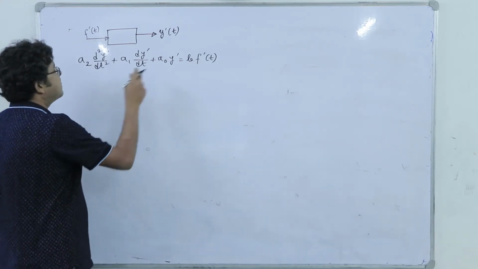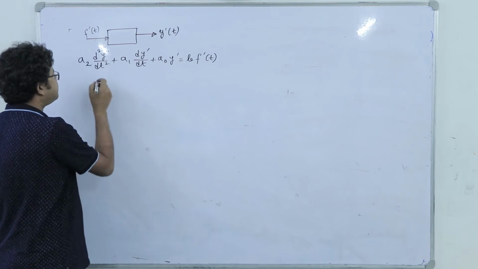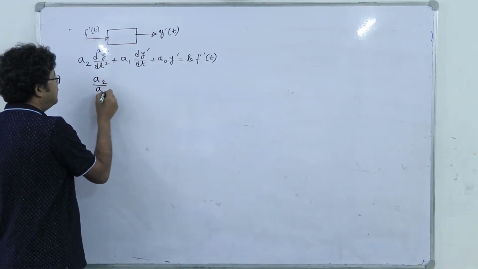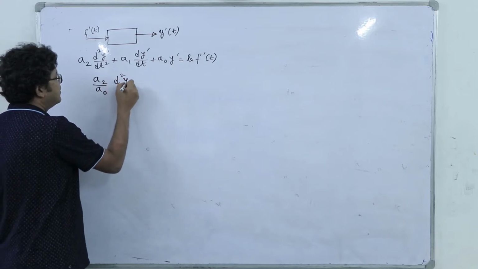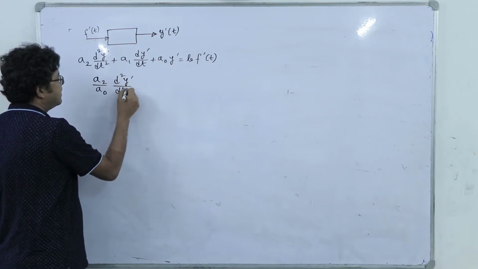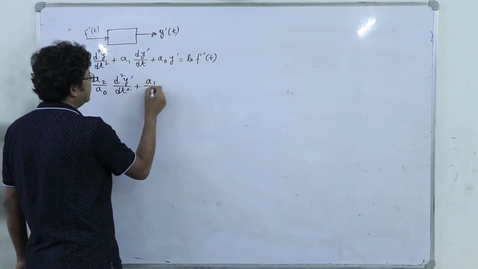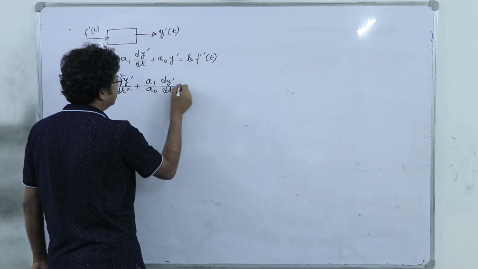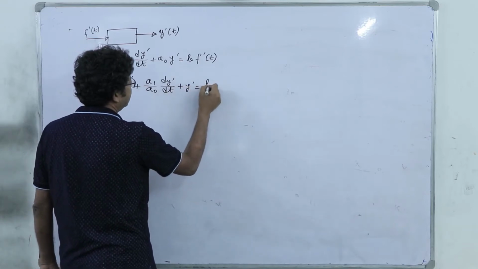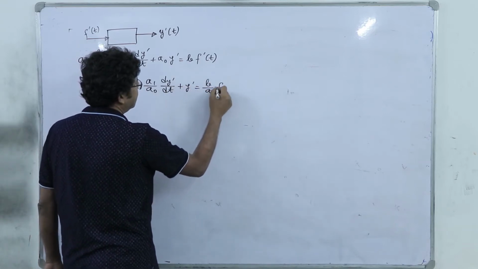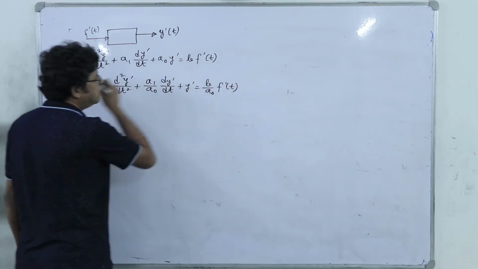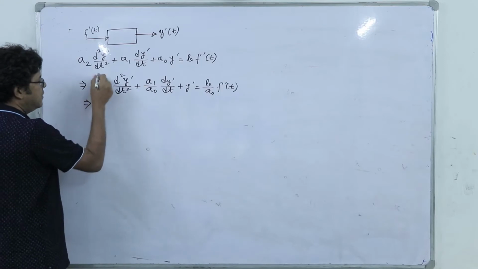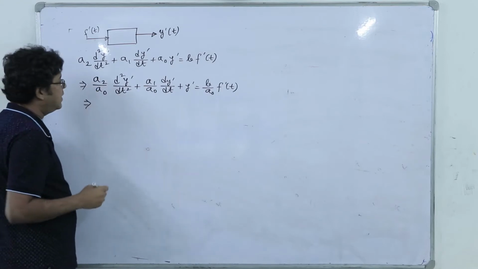So you see that we will reduce the number of constant coefficients upon dividing the entire equation by a naught, and we call this a2 by a naught.